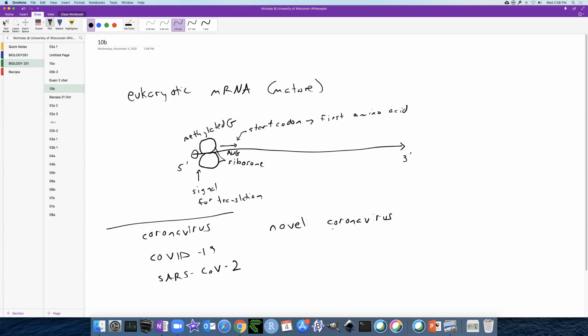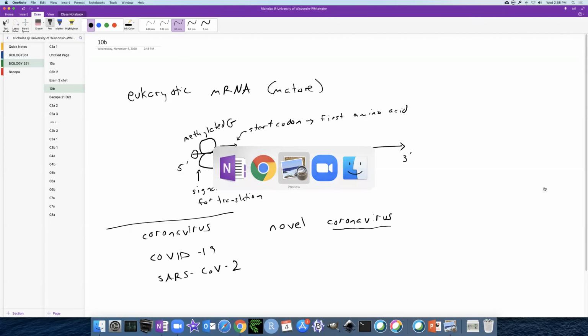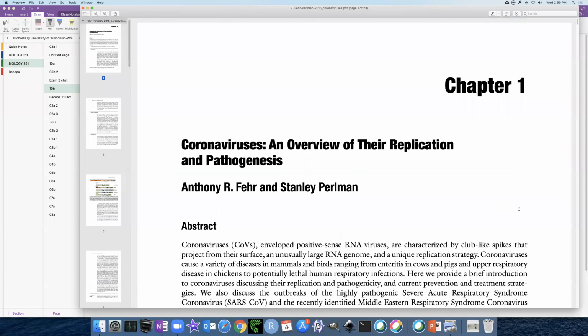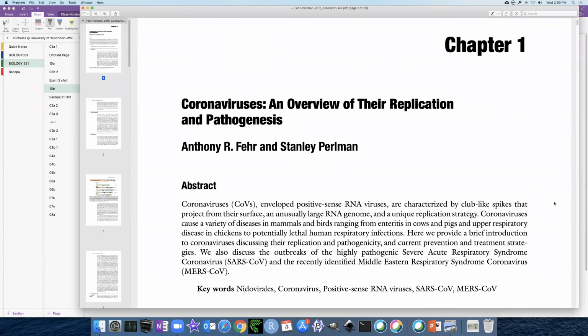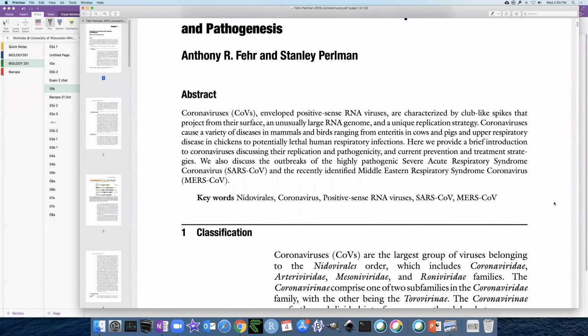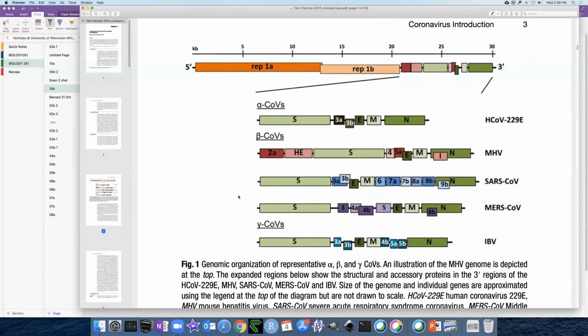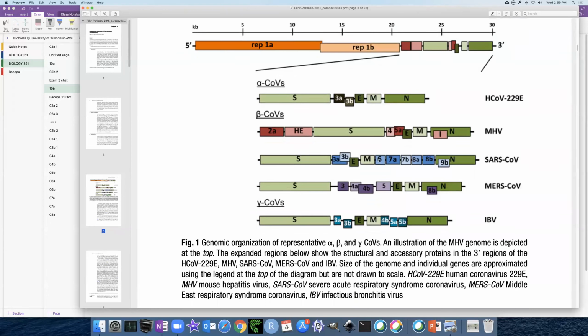So coronavirus is a category of viruses. And actually, if we go back to this PDF document, this is a document from 2015. So there was no COVID-19 by the time this was written, but this still talks about SARS-CoV and outlines the arrangement of genes along the viral genome here.